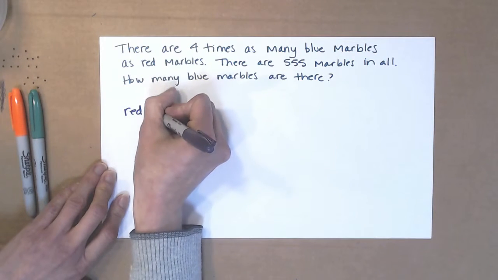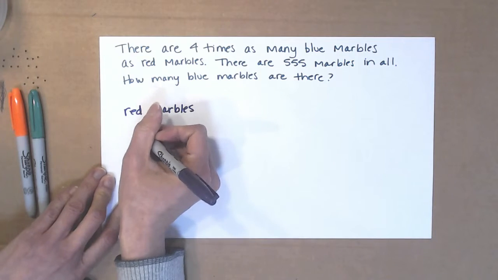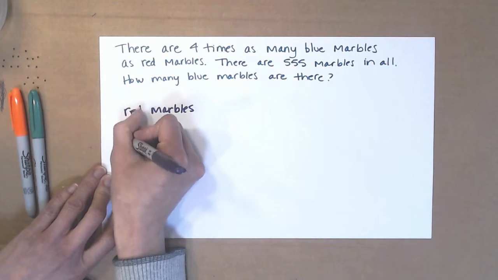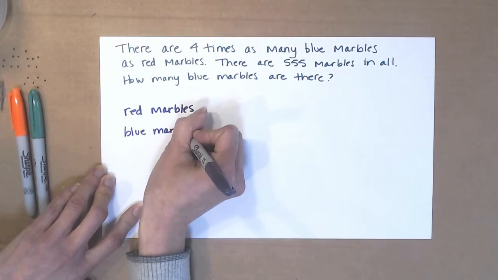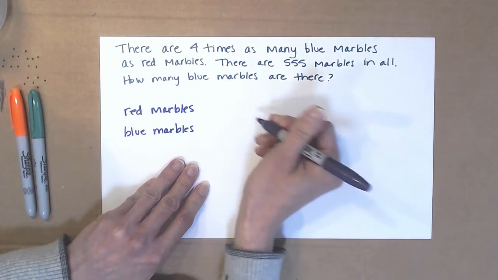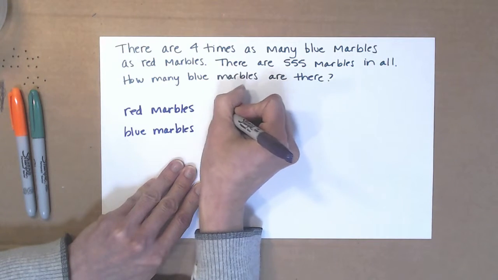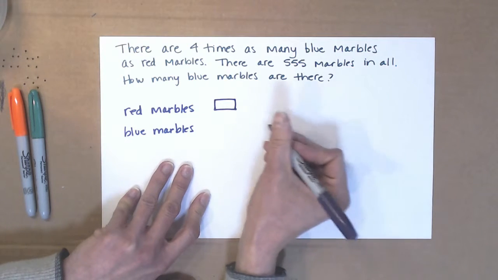So I am going to draw bar models for number of red marbles and number of blue marbles. So there are 4 times as many blue marbles as red. So we'll have our unit here represent how many red marbles.